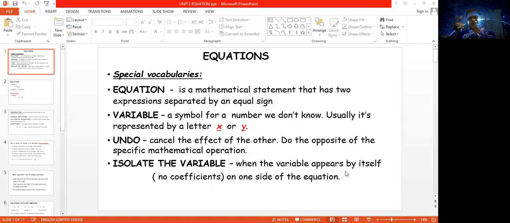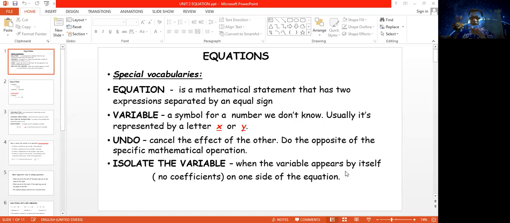I have these four very common words I always use when I talk about equations. What is an equation? An equation is a mathematical statement that has two expressions separated by an equal sign.